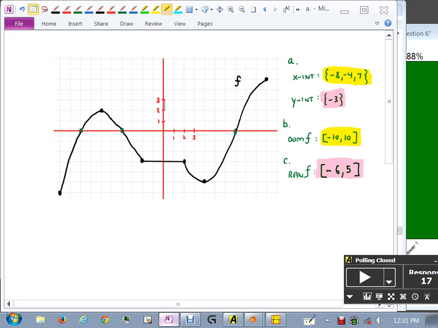Where is the function increasing? This is going to correspond to X values. So I'm going to highlight where it's increasing. Here, it's increasing. And here. Those are the 2 intervals where it's increasing. Let's look at the X values. The X value that it starts at is -10.